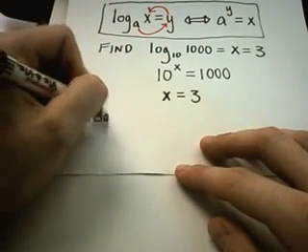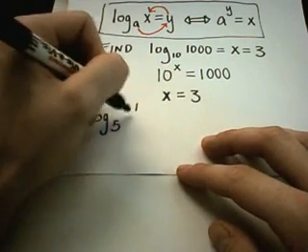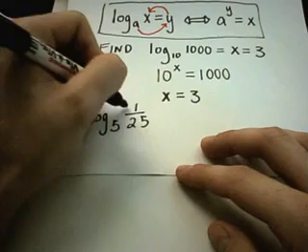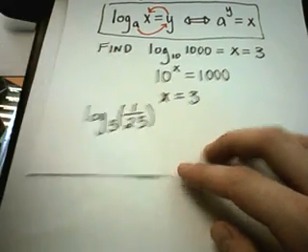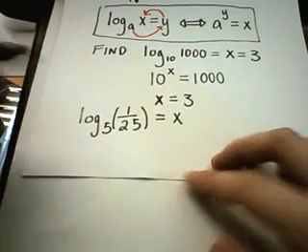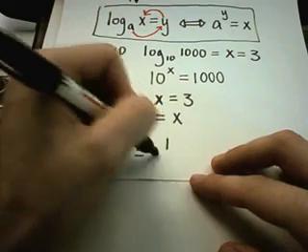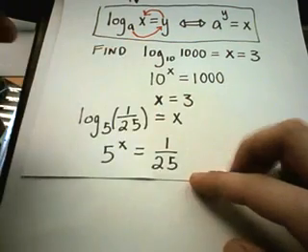Suppose I have log base 5 of 1 over 25. Same way, this equals some number x. Well, I can rewrite it as 5 to the x equals 1 over 25.